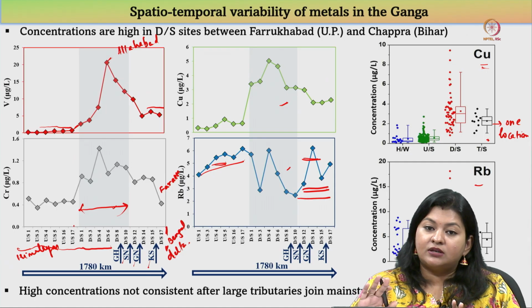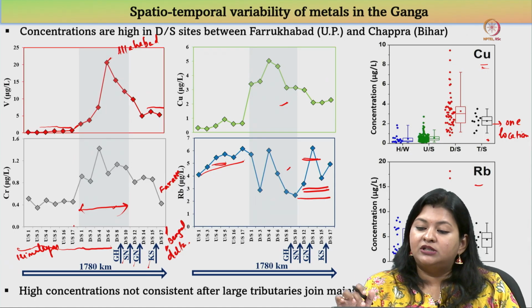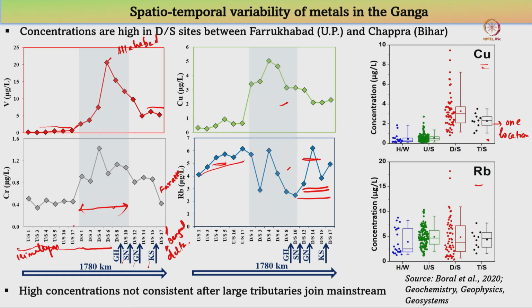But it is comparable, as compared to the copper, which clearly shows an increase in its concentration as we move from the headwaters and the upstreams to the downstreams. How it gets increased multiple times as compared to the headwater and the upstream areas.